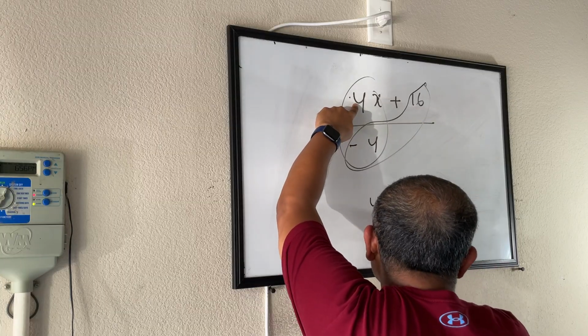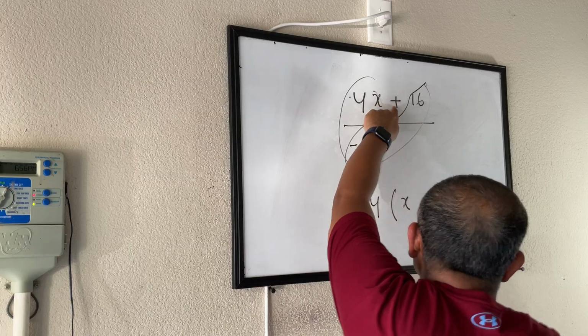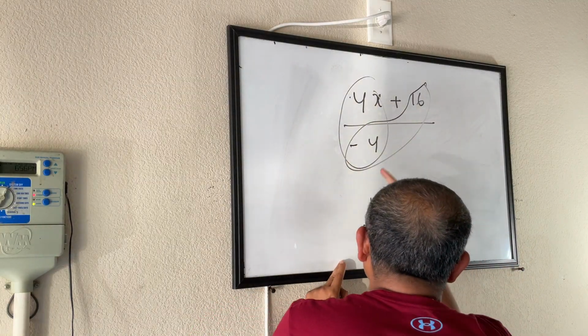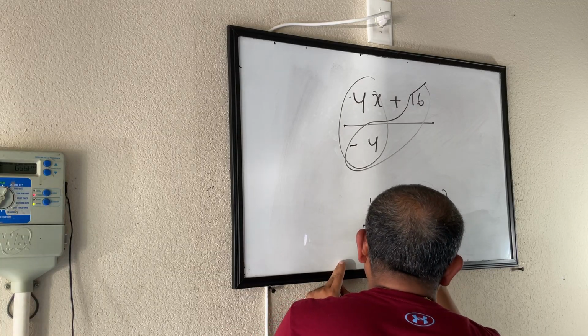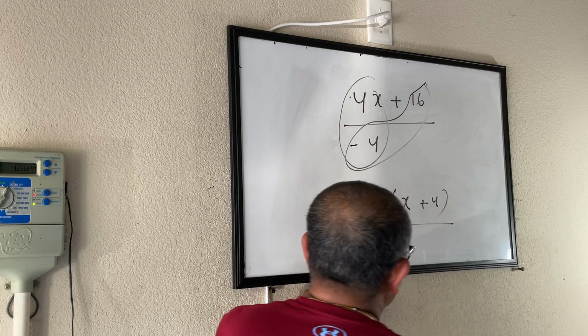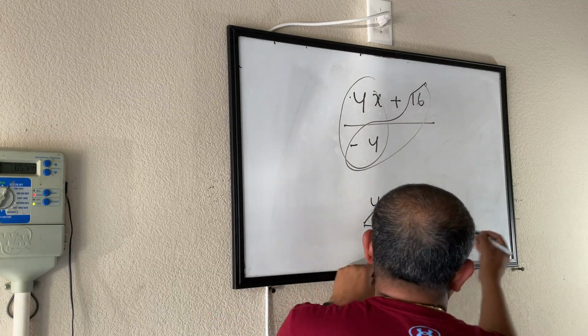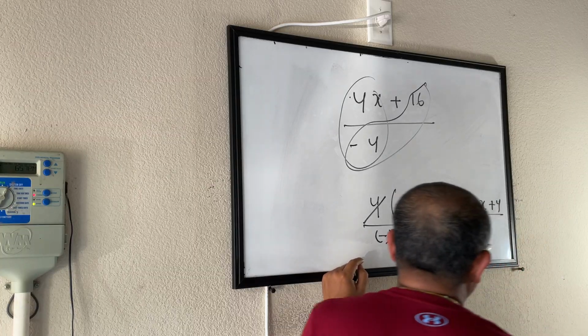If you take 4 out, this becomes x plus 4. Then the denominator you have minus 4, which you can write as minus into 4. And then you can do tic-tac-toe. So what you have is x plus 4 by negative 4.